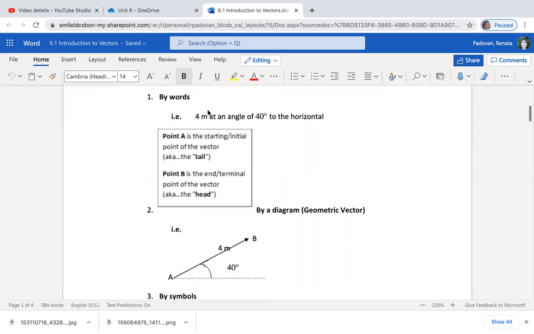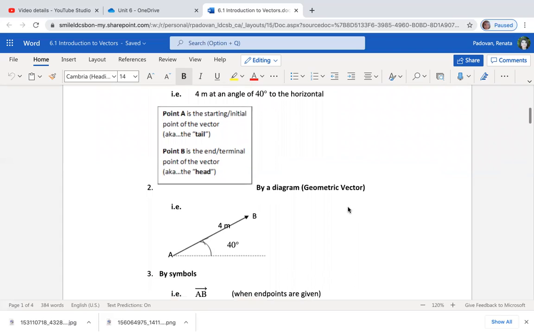And there's my distance, my magnitude. And this box is associated with number 2. Okay, so that's it for words. Just the 4 meters would be my scalar, my magnitude but not direction, but because it has a direction, that turns it into a vector, okay? And it's usually given in angles.